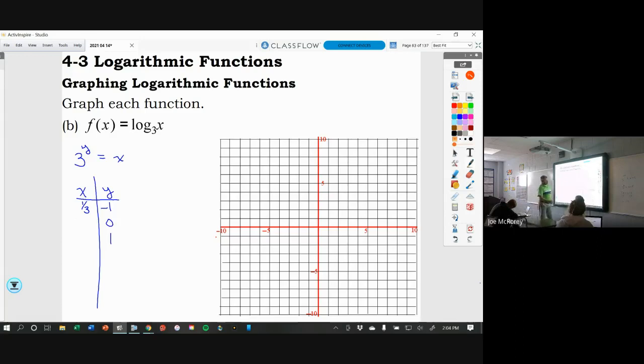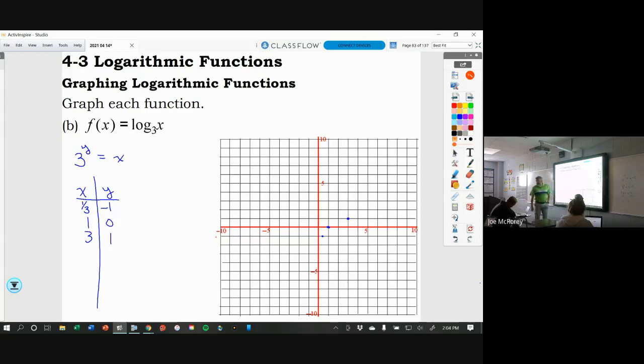I'll plot the point 1/3, -1. 3 to the 0 power is 1. Plot the point 1, 0. 3 to the 1st power is 3. Plot the point 3, 1.